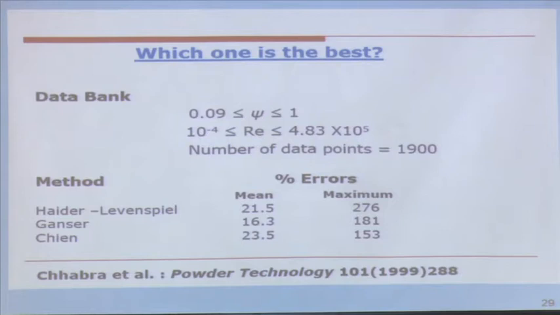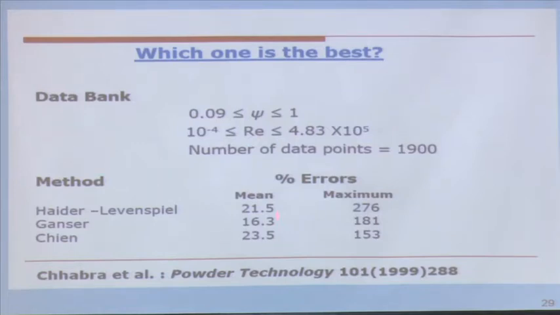All this data was accumulated, that is the PhD of one of his students. And then what he did, that is all measured data, he wanted to compare it with the data predicted by using these models.